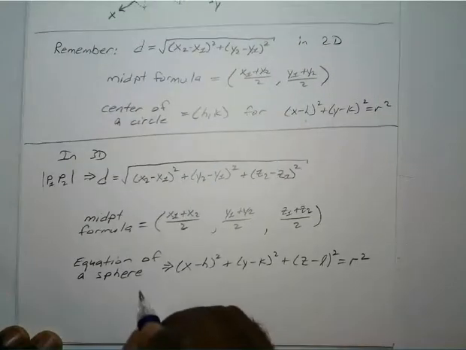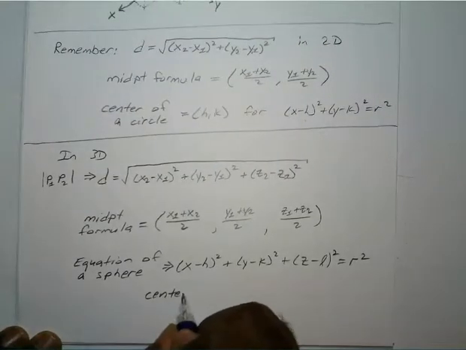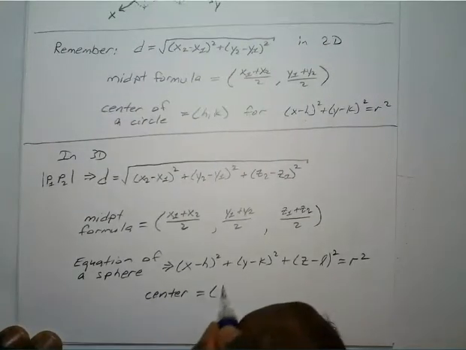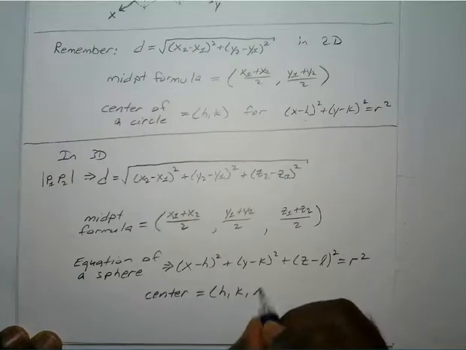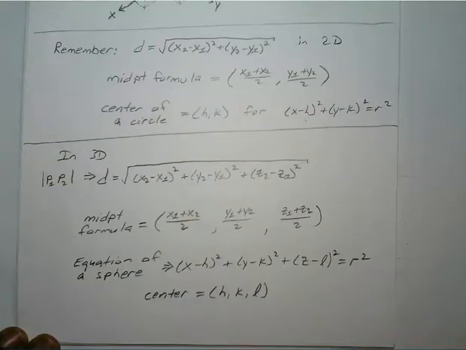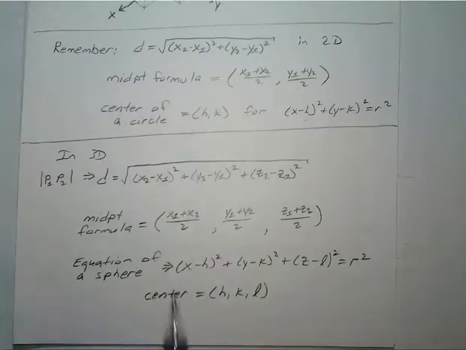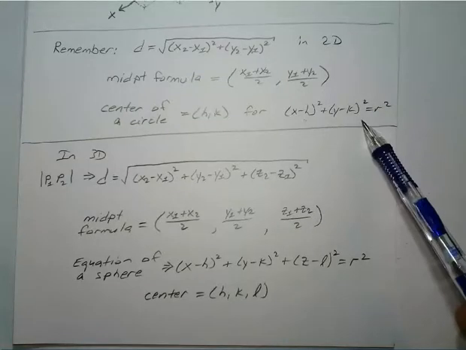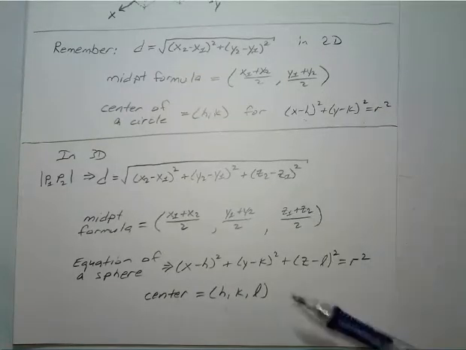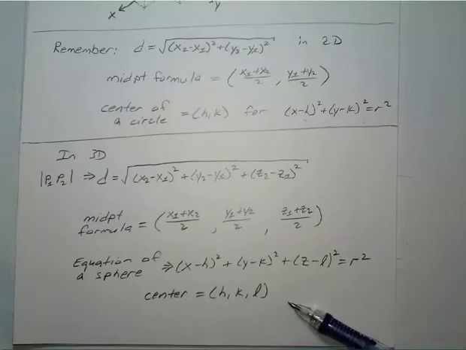And the center is (h, k, l), where the center of a circle is just (h, k). So as you can see, if you know the 2-dimensional equations here, it's not too difficult to find the three-dimensional equation.